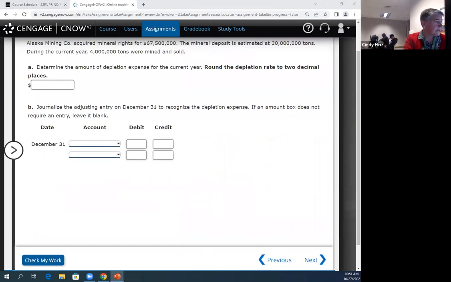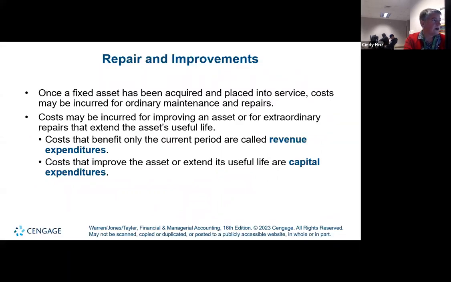Couple other things I want to talk about before we get to our next exercise. We have already mentioned the idea of a capital expenditure. A capital expenditure is something that's going to benefit us long-term, and we add it to the balance sheet.